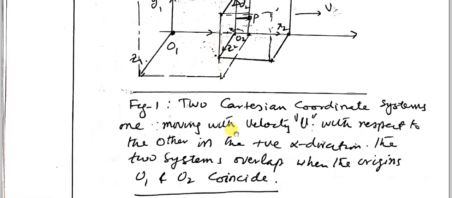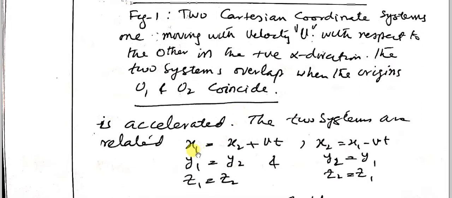If the x1 observer is sitting outside and observing the system, the observer will see that system 2 has traveled x2 plus vt distance.